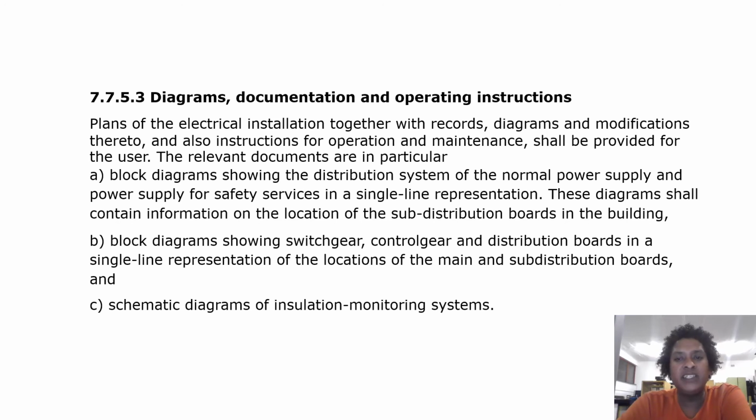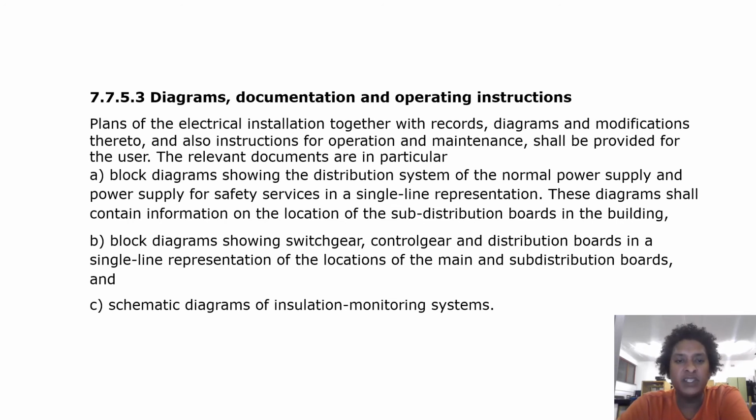Diagrams, documentation, and operating instructions. Plans of the electrical installation together with records, diagrams, and modifications thereto, and also instructions for operation and maintenance, shall be provided for the user. The relevant documents are in particular block diagrams showing the distribution system of the normal power supply and power supply for safety services in a single line representation.